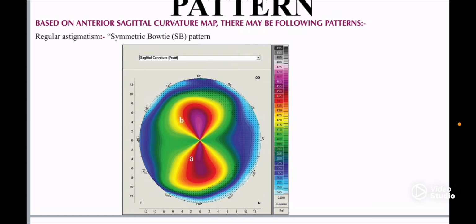The innermost circle in the corneal topography report depicts the 3 mm cornea. Then there is a circle which depicts the 5 mm cornea, then 7 mm, and then 9 mm. Magnification will reveal the 11 mm as well as the 13 mm cornea. So if the symmetrical points on the bow tie lie on the 5 mm circle and the difference between the two is less than 1.5 diopters, then it is considered a symmetrical bow tie pattern.